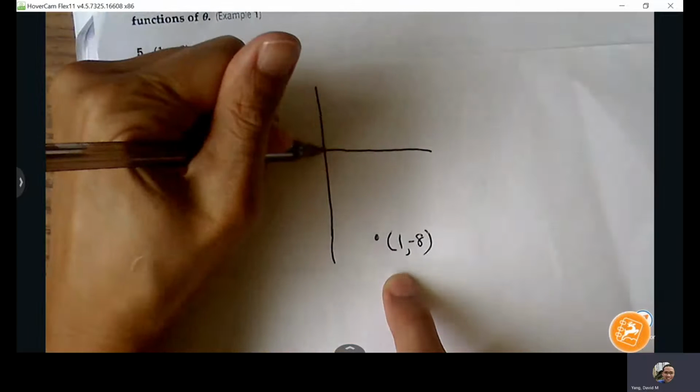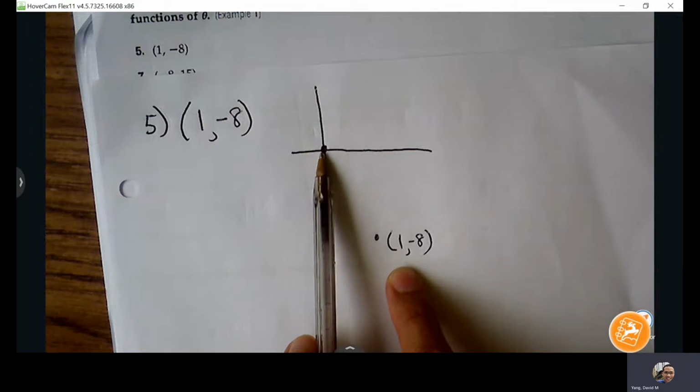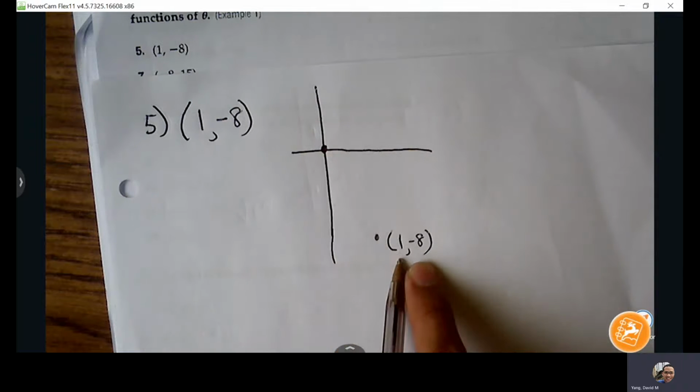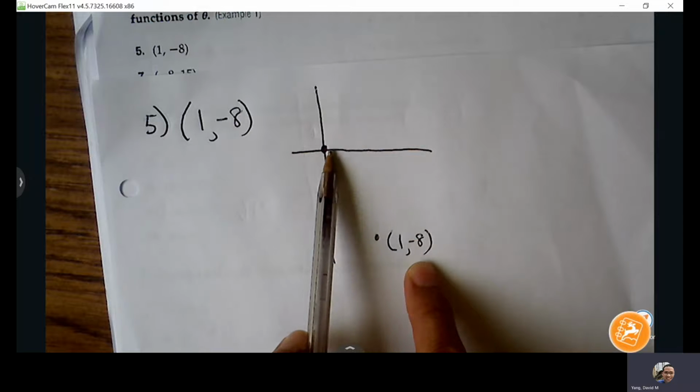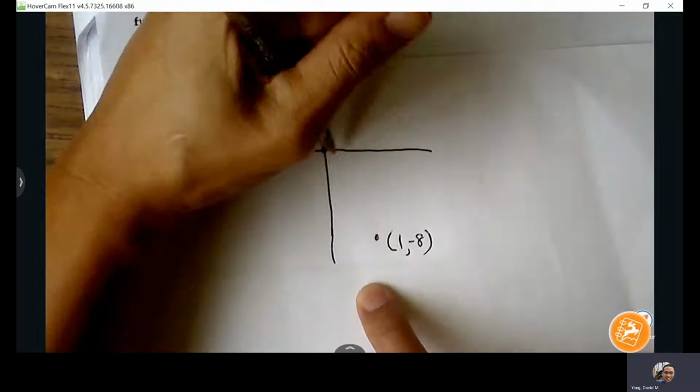So next step. You're going to start at your origin and move towards that ordered pair. So we're going to go right 1 and down 8.